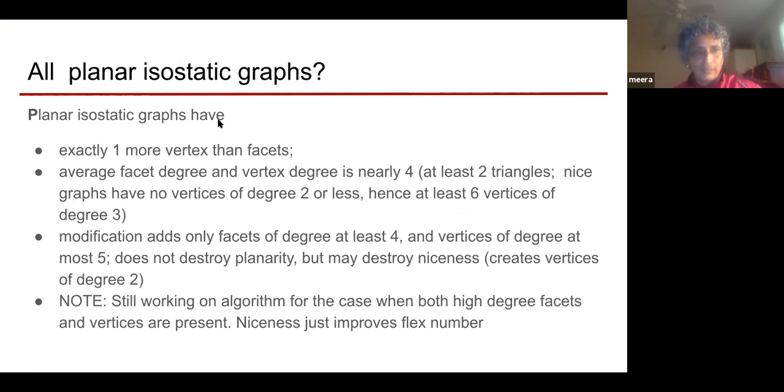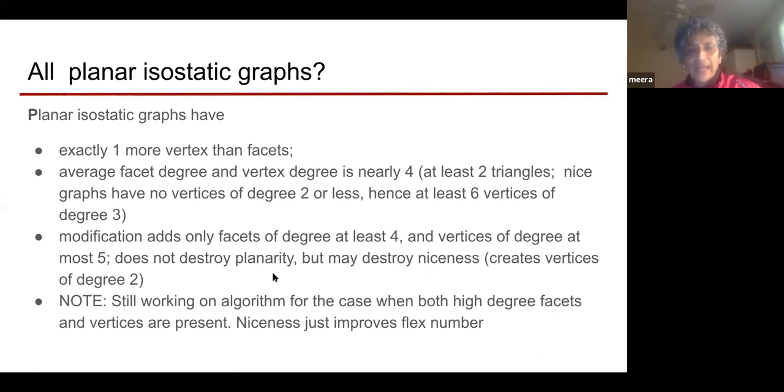So can this be done for all planar isostatic graphs? Well, notice that if it's a planar and isostatic graph, it has exactly 1 more vertex than facets. The average vertex degree and facet degree is 4. And we could essentially extend to cycles that are larger. In many of the graphs that I already showed you, you had those 6 cycles and so forth.